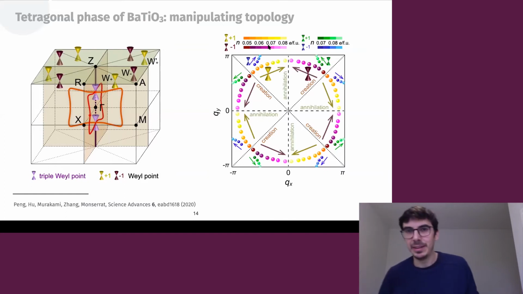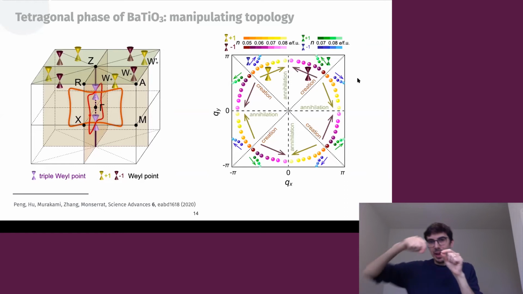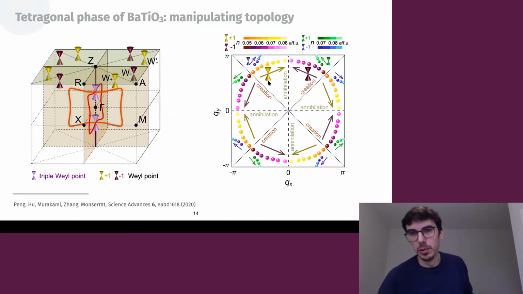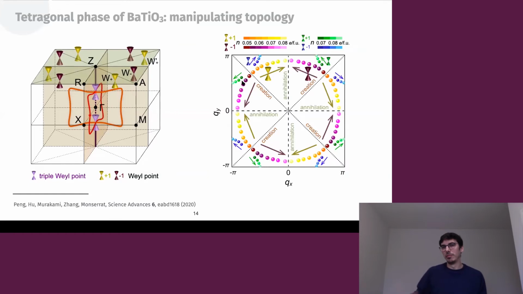And actually it turns out that in this system, in the photoexcited range from 0.07 to 0.08, we have another set of 8 Weyl points that are created and annihilated, and these are the blue and green Weyl points, also shown in the diagram here. So again, this is meant to show the richness of topological phases that one can have and manipulate in phonon dispersions.